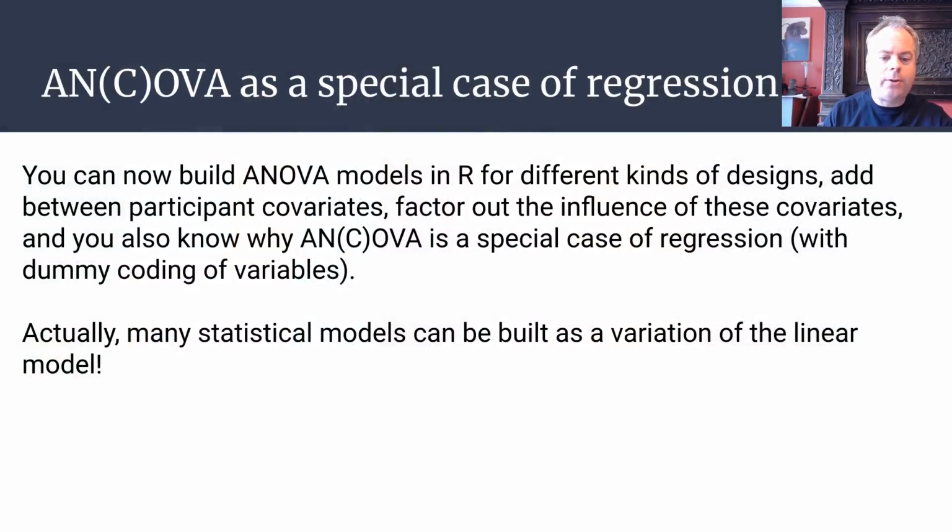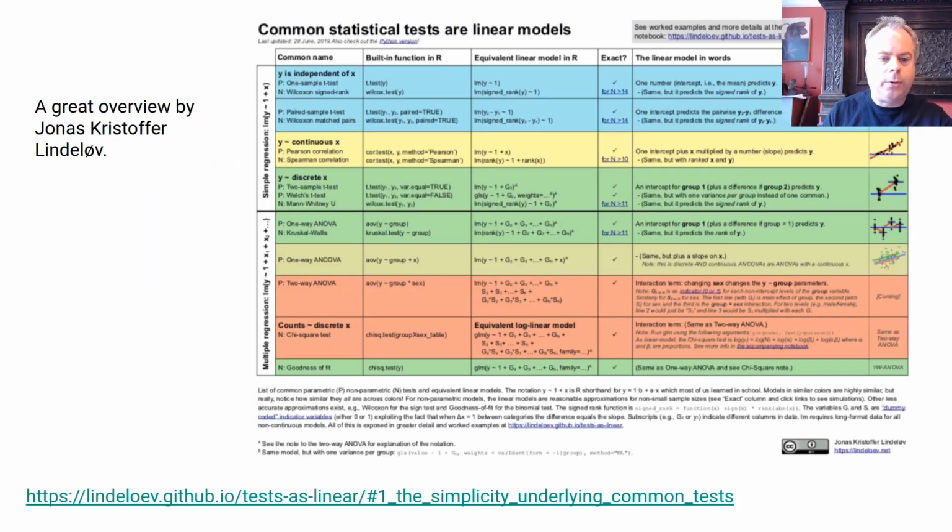And one thing you might be interested in looking at is this resource here by Jonas Lindeløv, which basically talks about how many different common statistical tests and models can actually be reformulated as a special case of the linear model. So if you're interested in really getting into this more widely, I absolutely recommend that you check out this resource.